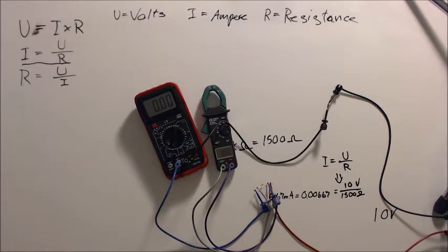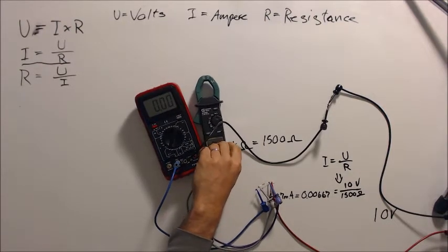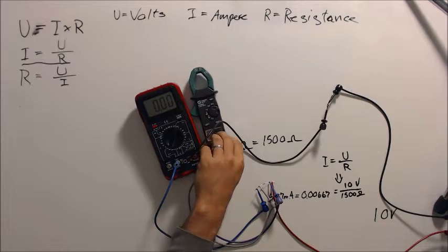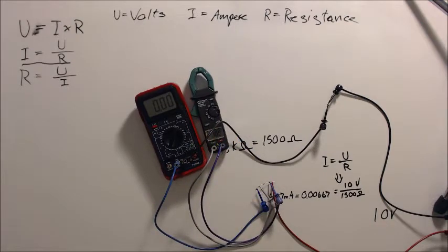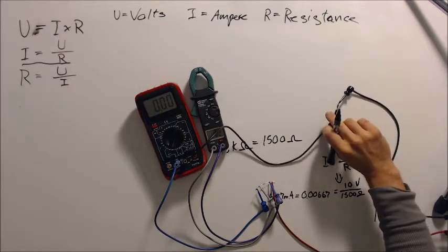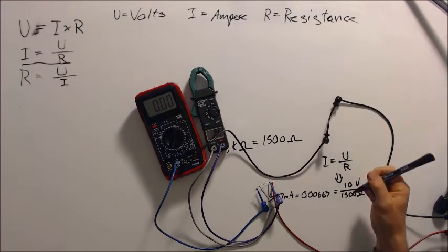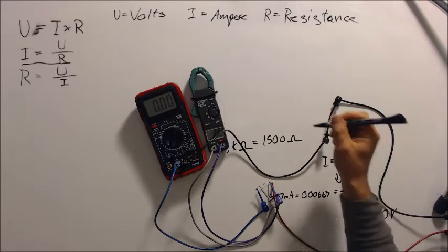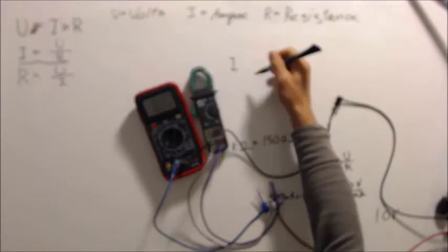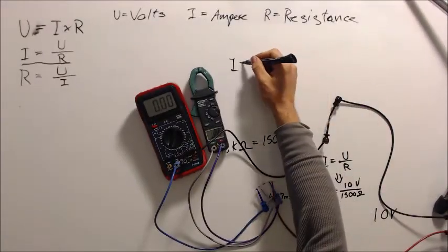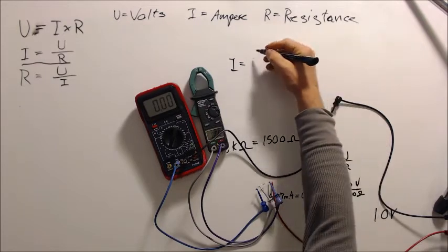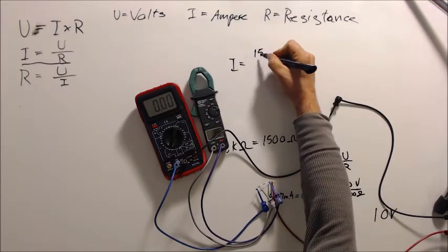So we're going to maintain the same voltage. Well, where we left off, we have raised our voltage to 15. So let's see what happens with that. So we're looking for I. We raised our voltage to 15.